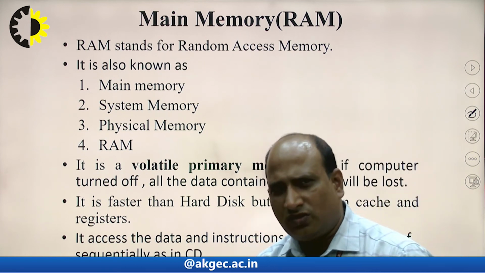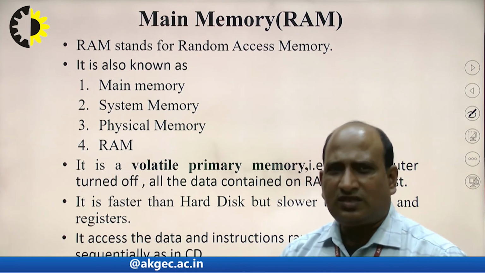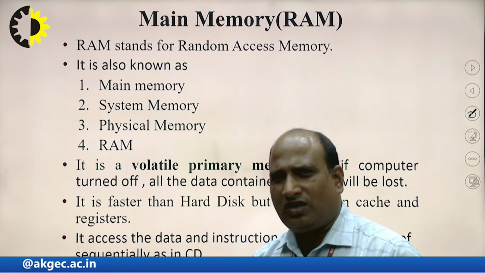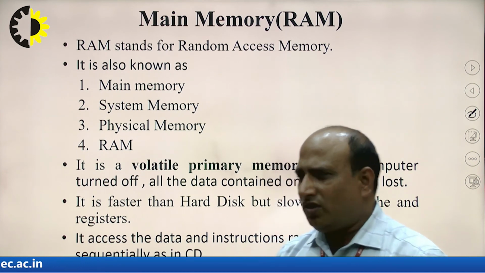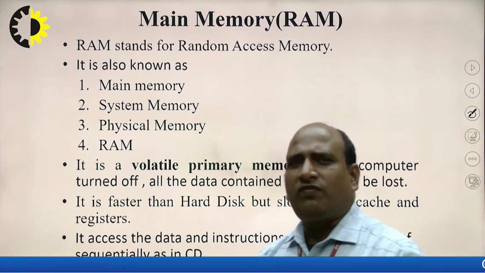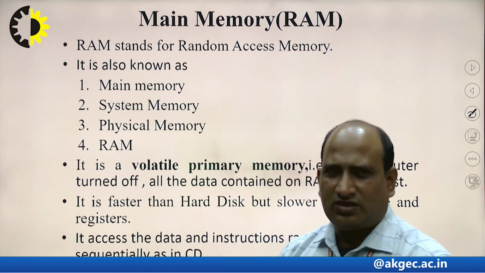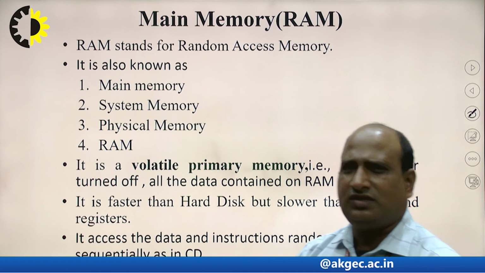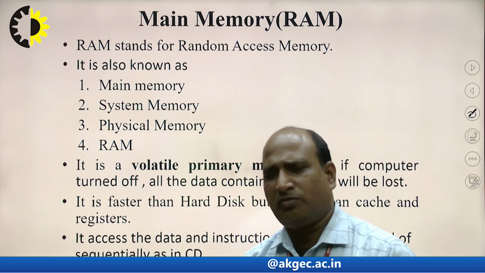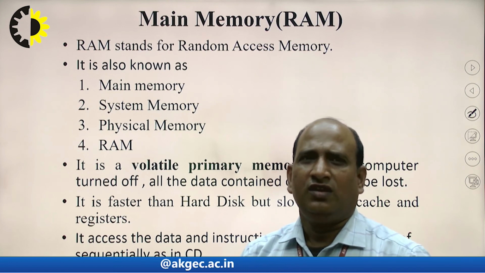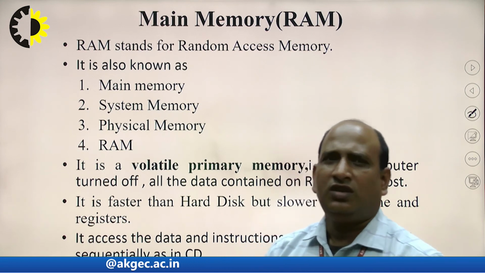It is also known as main memory, system memory, physical memory or RAM. It is called main memory because this is the only memory that is directly accessible by the processor. The processor looks for the data for processing in the main memory itself. That's why RAM is also called main memory.